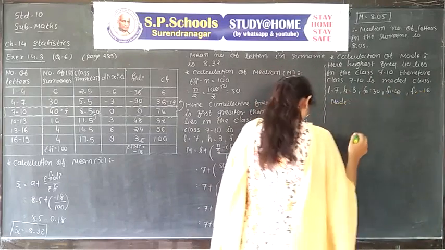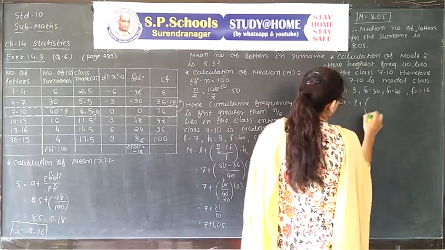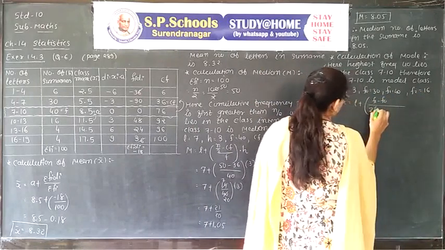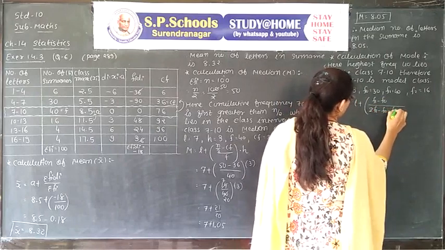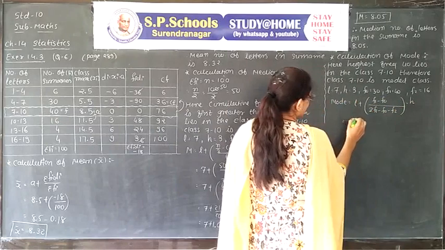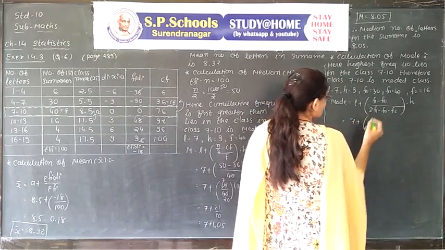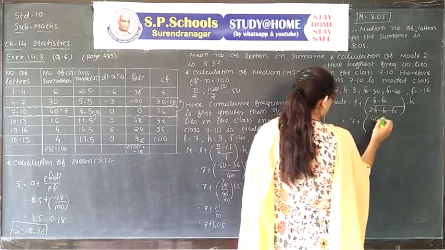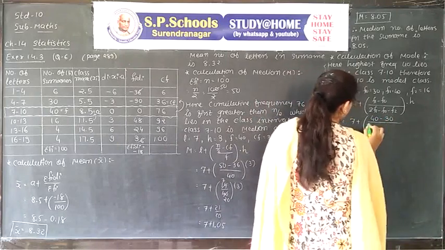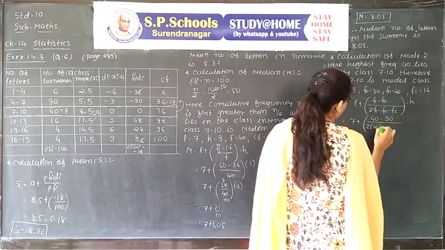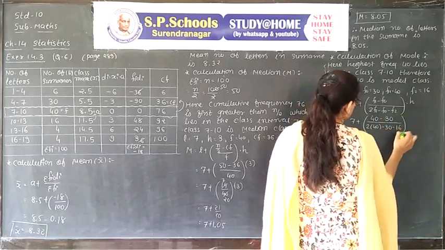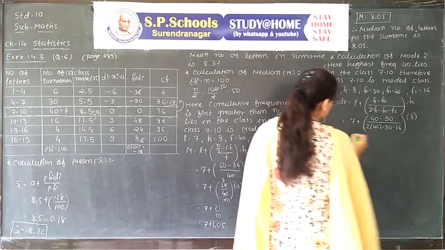Mode is equal to L plus (F1 minus F0) upon (2F1 minus F0 minus F2) into H. L is equal to 7 plus F1 40, F0 30, upon 2 into F1, 2 into 40, minus F0 30, minus F2 16, and the class size is 3.